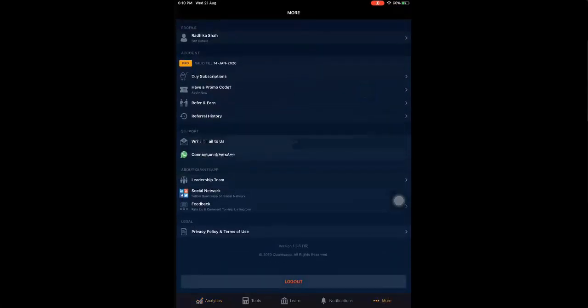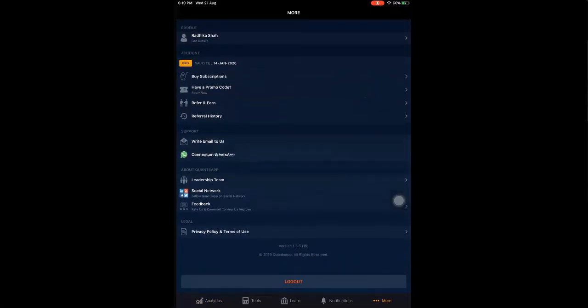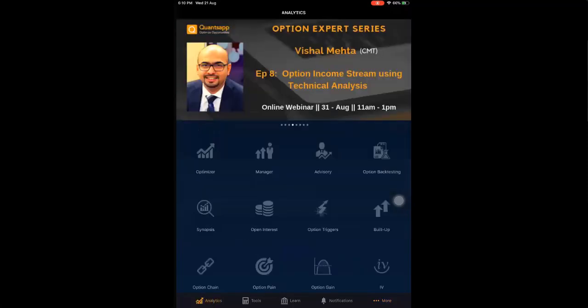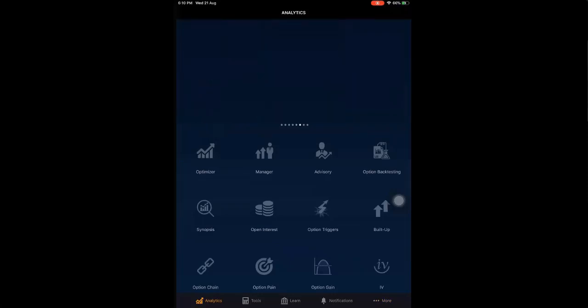Once you scroll down, you can see the versions here. I basically have a UI beta version, so mine is 1.3.6. For the rest, you will be having 1.3.5. Similarly, on Android, you can check it, because there are a lot of new features which we have added recently. So if you have the updated version, it would be completely beneficial for you.